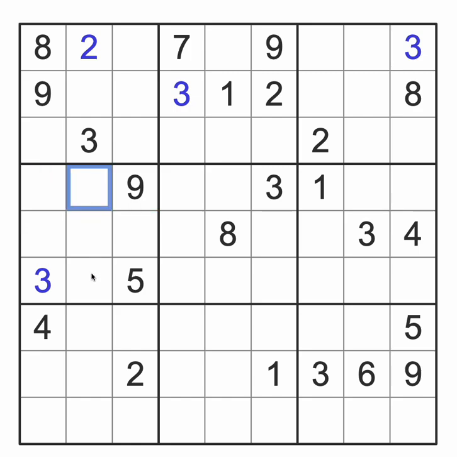So 8 in box 4 will be here or here. So this cannot be 8. 8 in box 1 blocks this cell. 8 in box 5 blocks this cell. That gives me 8 here. And now this 8 blocks this cell in box 2. 8 in box 5 blocks these. Gives me 8 here.